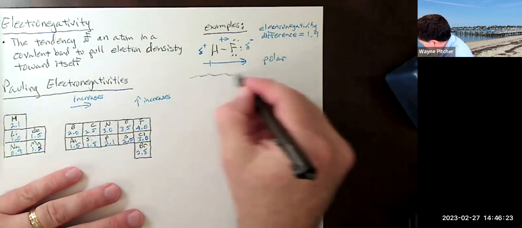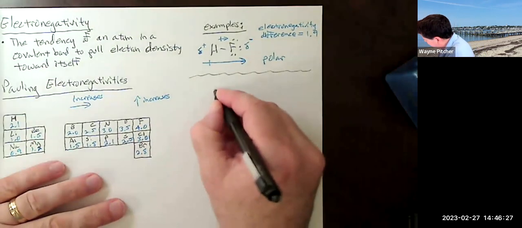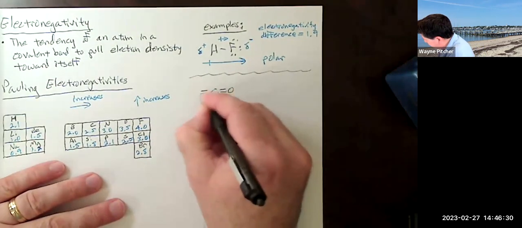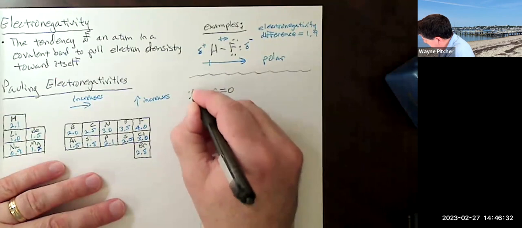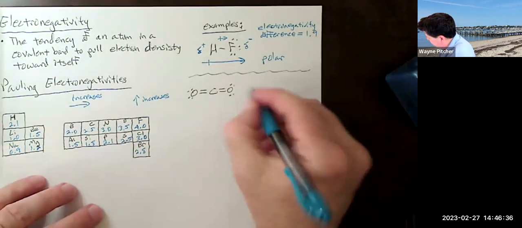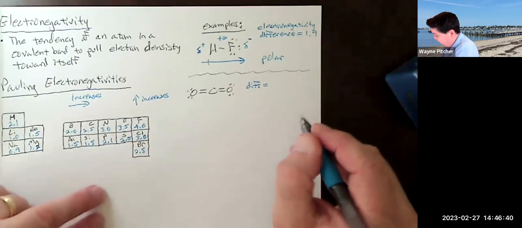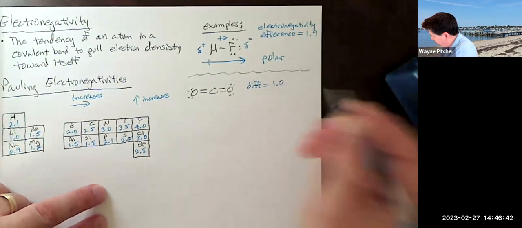Now, we can look at some other examples here. Let's look at carbon dioxide. Here, our electronegativity difference is 1.0, which is still significant.